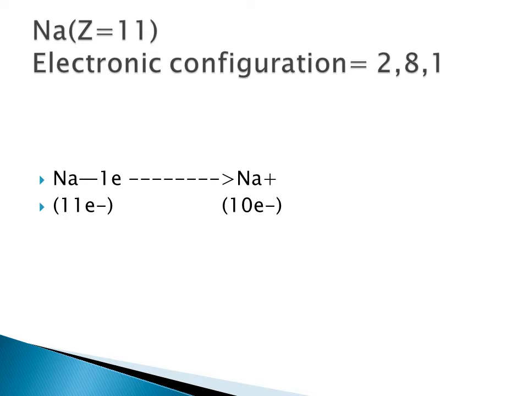Therefore, it has a net positive charge of +1. This positively charged ion is known as sodium ion and is written as Na+. That is, Na, sodium atom, gives up 1 electron: Na minus 1 electron gives Na+, sodium ion.